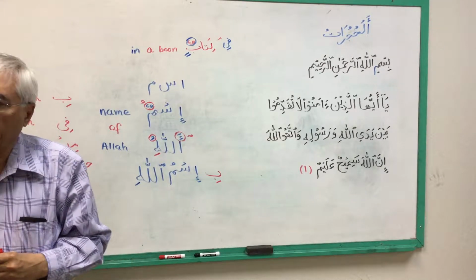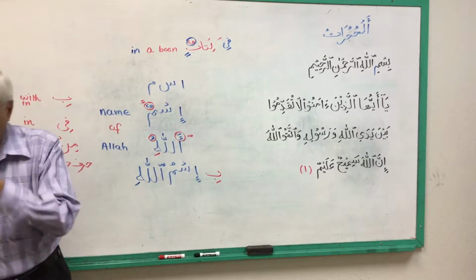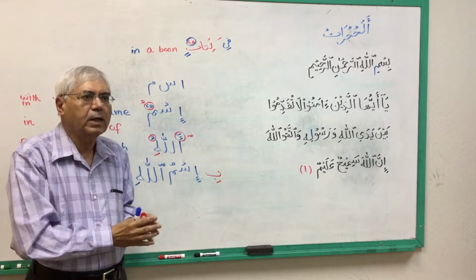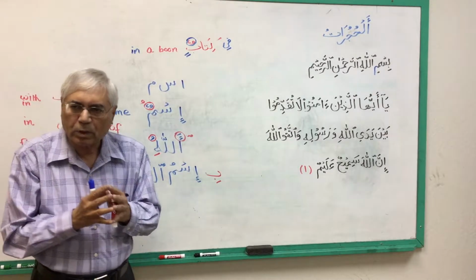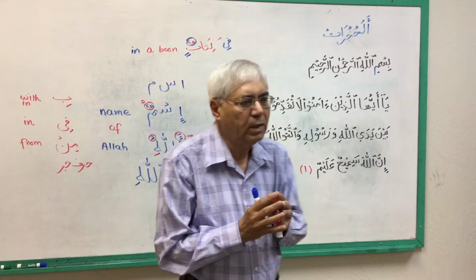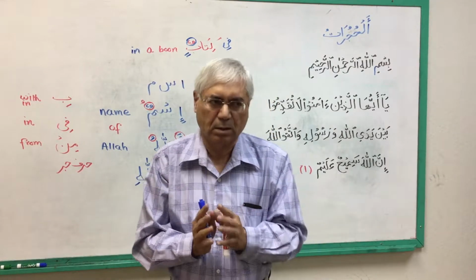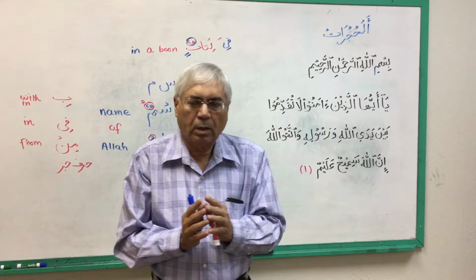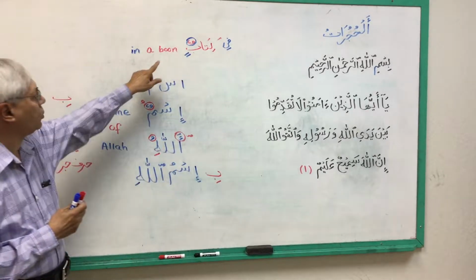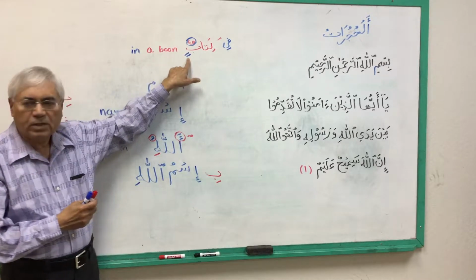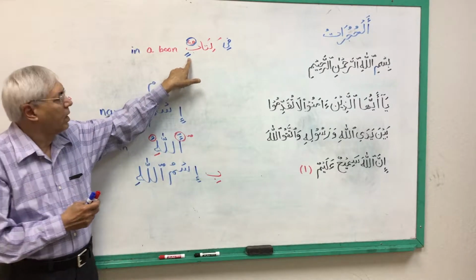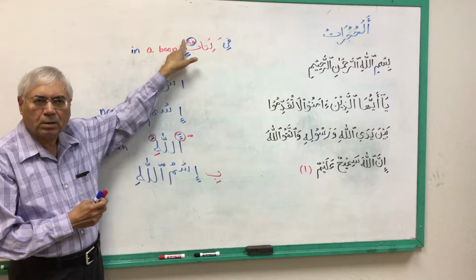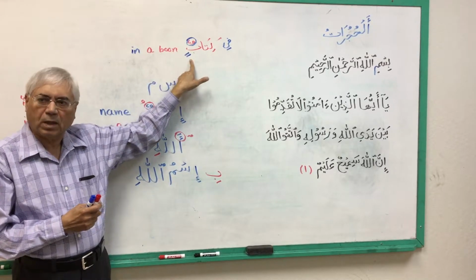So now the word became fi kitabin. Separately it is fi and kitabun, but when you put them together, it became fi kitabin. If there were two dhammas, it changed to two kasras. If there was one dhamma, it will change to one kasra.